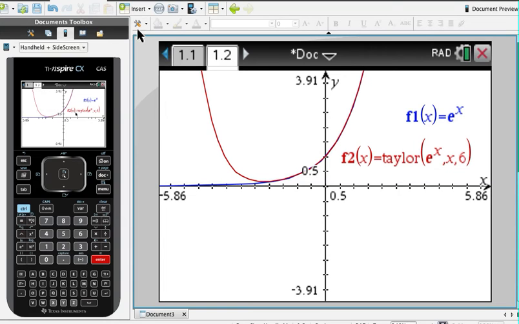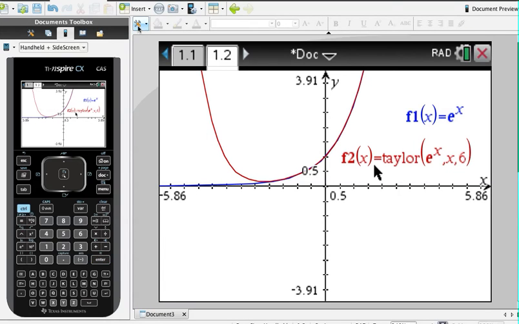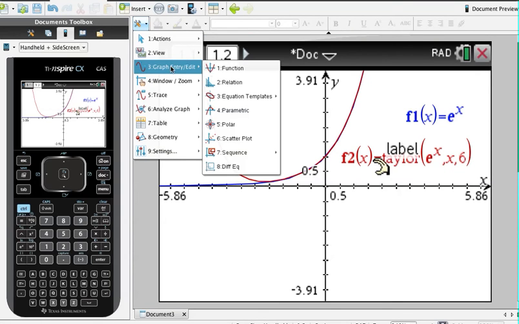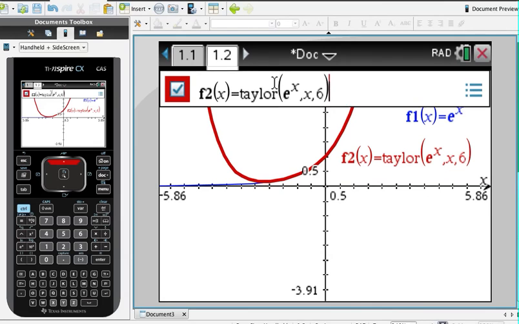Okay, let's do a more extreme degree. Let's say instead of 6, we're going to do 20. I get back here, change it to 20.